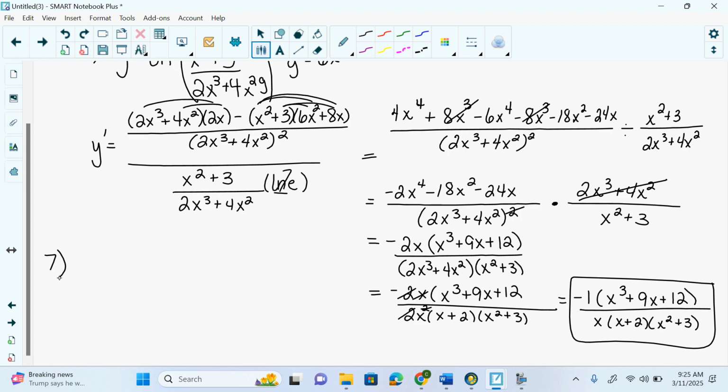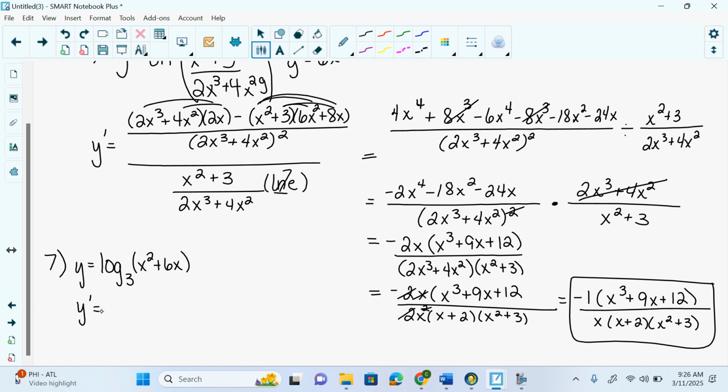Okay. What if I give you something like this? Log base 3 of x squared plus 6x. Still just a log, correct? The only difference is ln e doesn't go away because it's not ln e. It's ln what? 3.